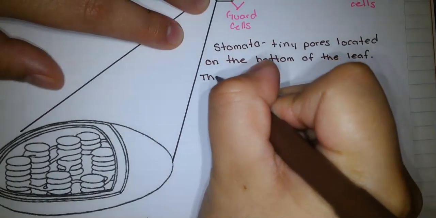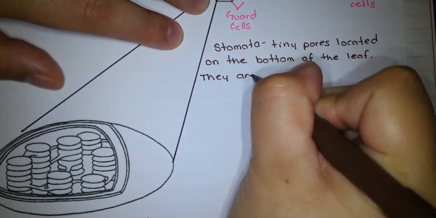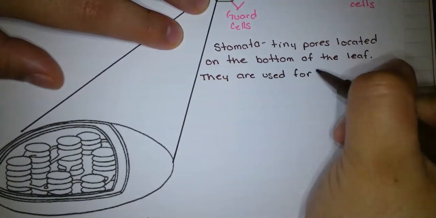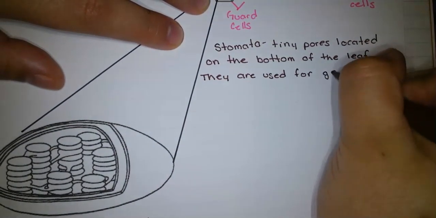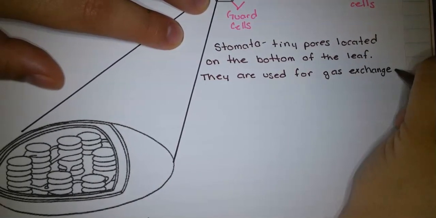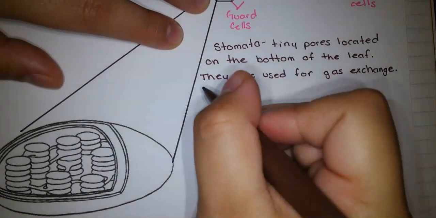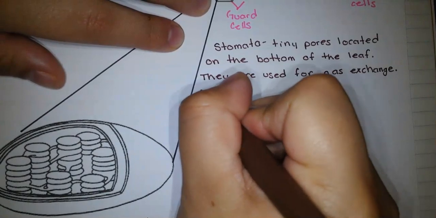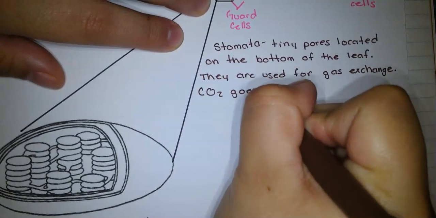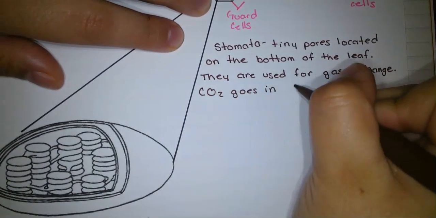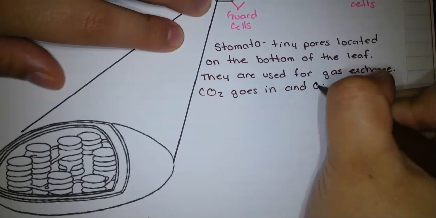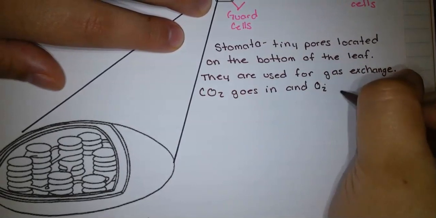They are used for gas exchange. So the gas exchange that happens is that carbon dioxide goes in and oxygen goes out.